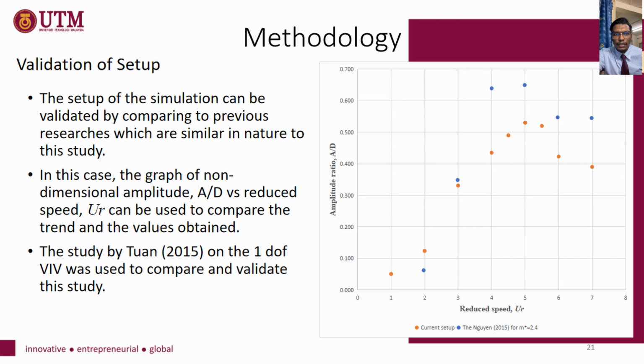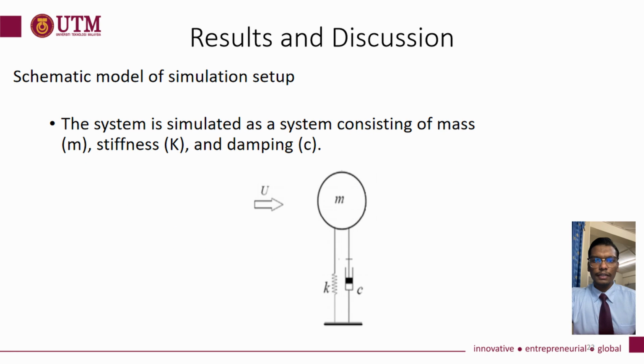In this plot, the orange marker is the values obtained in this study and the blue marker is the values obtained in the study by Tuan 2015. Thus, we can say that the setup is valid as the trend of the amplitude ratio values are quite similar. The differences in values are mainly because of the quality of the mesh and also the size of the domain used. And now for the results and discussion.